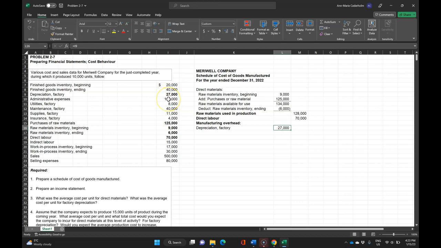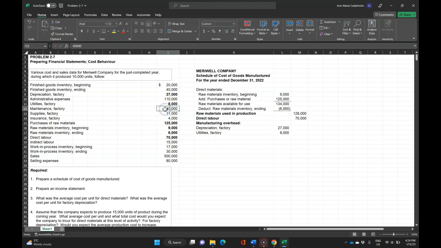Okay, administration expenses, that's a period cost. Utilities factory, that is a manufacturing overhead cost. And again, I'm cluing in on it because it keeps saying factory after it. Otherwise I wouldn't really be too sure.